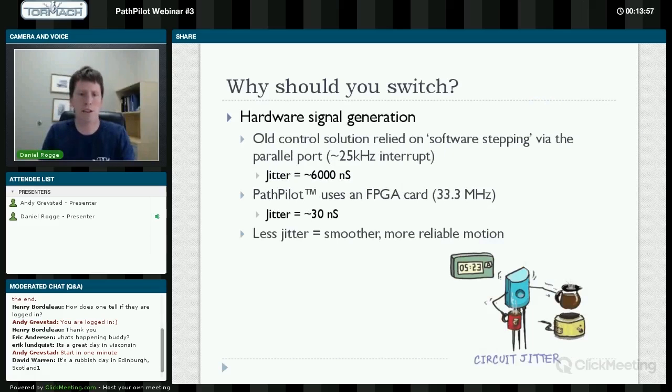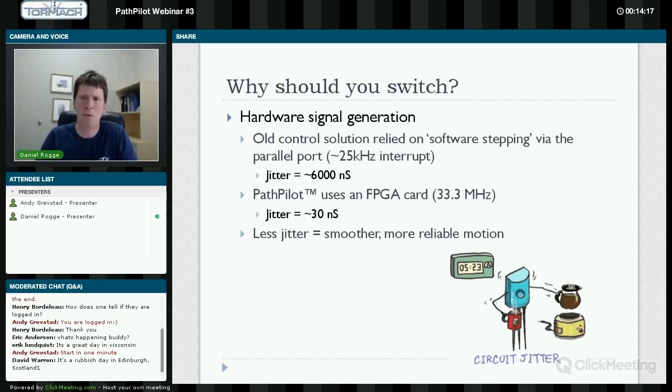So I mentioned hardware signal generation. I said something about software stepping. If you can imagine a computer doing software stepping, every 25 thousandths of a second it's trying to decide whether or not it should take a step. And that's called the interrupt frequency.